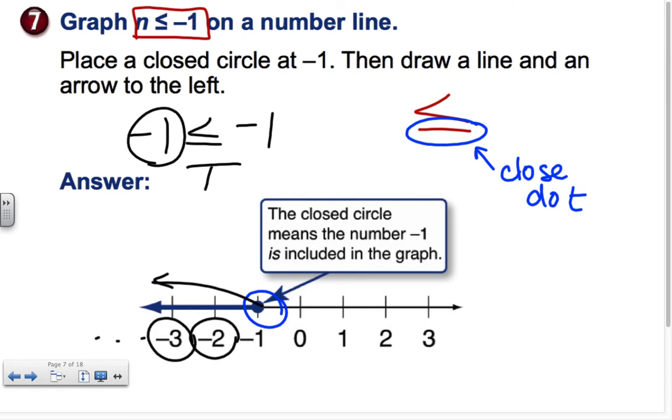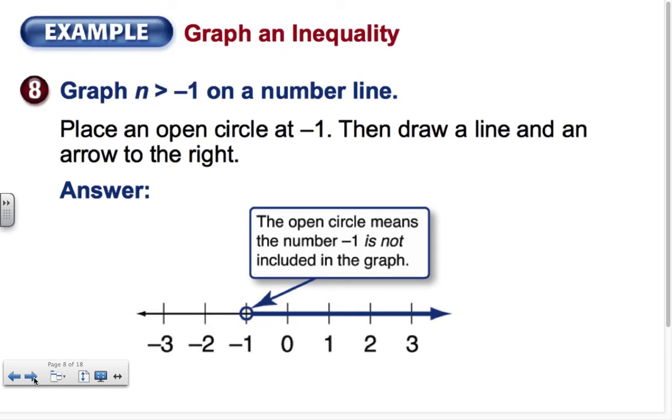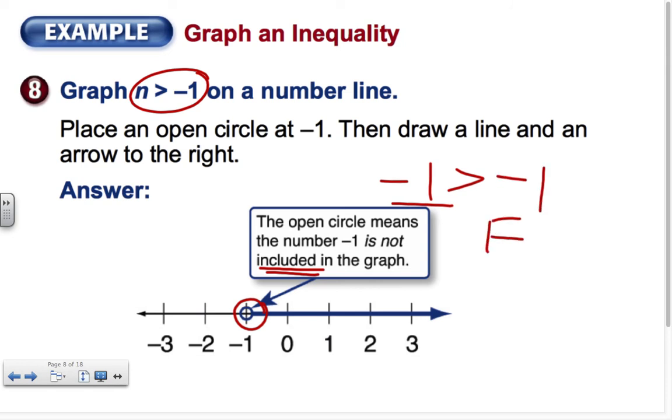Another closed situation would be greater than or equal to because the equal sign is there. Here's another graphing situation where the dot is open. Look at this. See how the dot is not filled in. So it's not included, which means -1. Here's the inequality. If you plug -1 into N, this is false. -1 does not make that true.